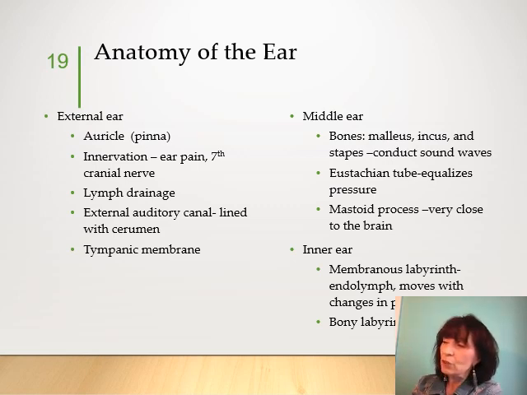I think it kind of looks like that in the pictures. So the membranous labyrinth has endolymph, which moves. So it's a liquid that moves and changes with your posture. And then you have the bony labyrinth. And that's in your inner ear.